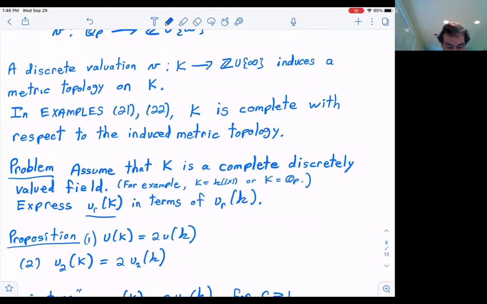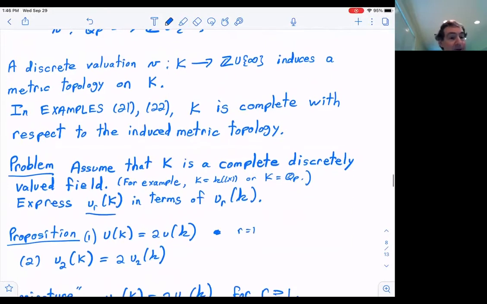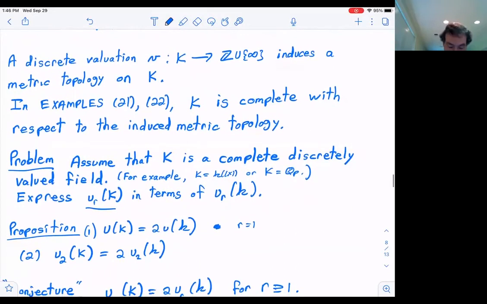I mentioned above this result, so that's the case r equals 1. One can also show, but I'm not showing it here, that for r equals 2, it's also the case that for a system of two quadratic forms, the number of variables you need is greater than twice that number over the residue field. So we have this relation here.